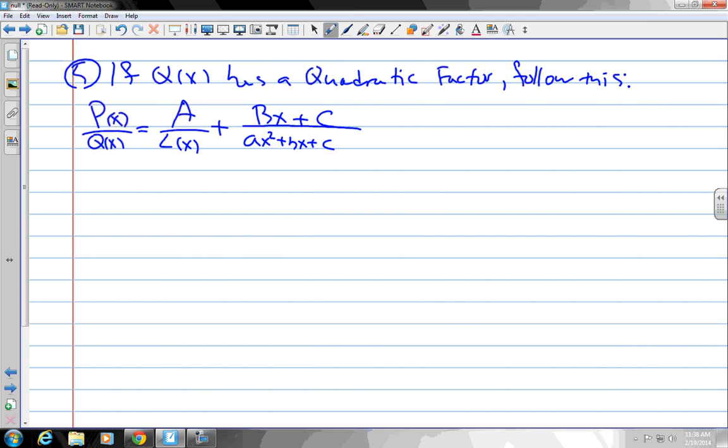So let's do an example. The integral of x squared plus 3 over x cubed plus 2x dx.